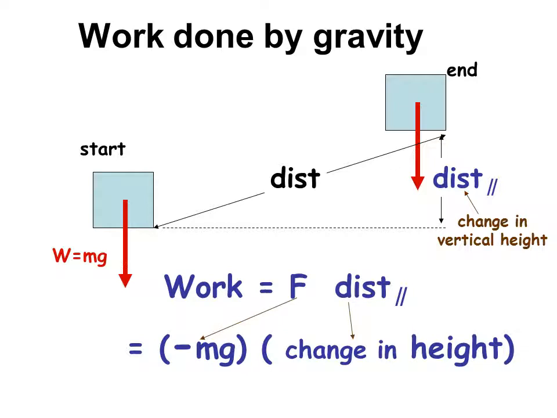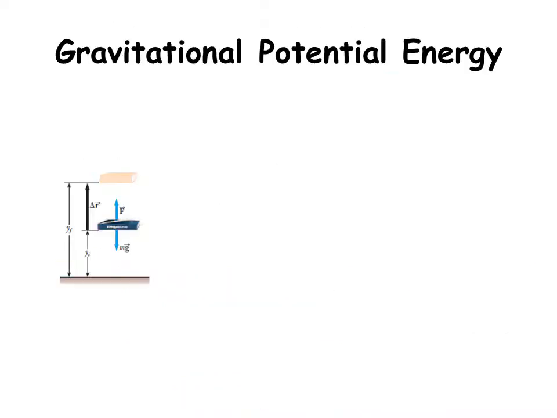The force equals negative mg, and the displacement is the change in height between the initial and final, or start and end. So the work done by gravity equals negative change in mgh, where m is the mass, g is gravity acceleration and h is the height. Now we have an example.